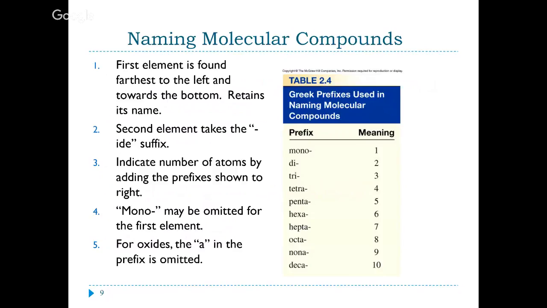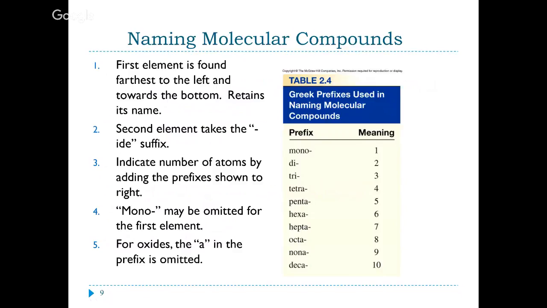You just state its name. If there's more than one of those particular atoms, then you indicate that with a prefix. Your second element will always have a prefix indicating the number, so even if there's just one, you will say that. We use our prefixes to tell how many of a particular type of atom is present.